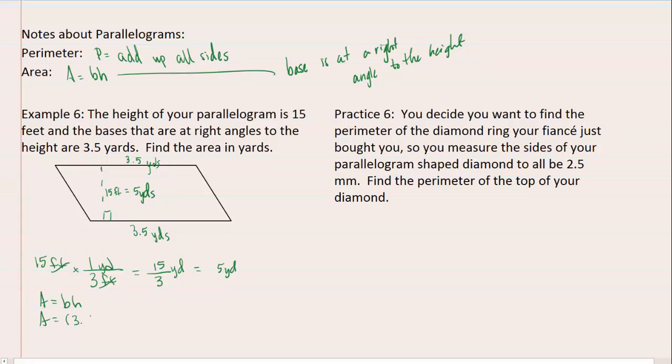If the base is 3.5 yards and the height is 5 yards, if we simply multiply the 2 of them together, we can get our total area. Therefore, 3.5 times 5 would be 52.5, and yards times yards would give us yards squared. This means the total area is 52.5 yards squared.